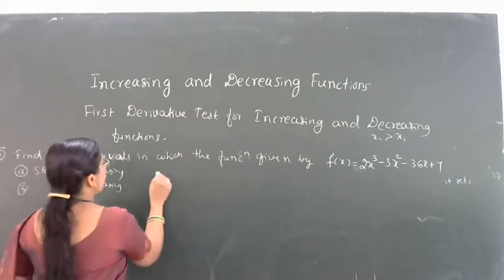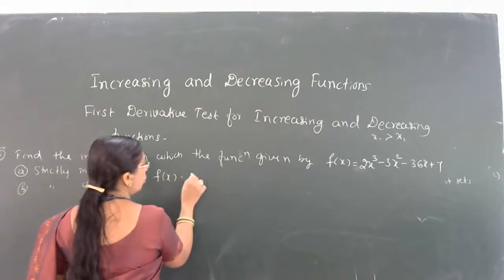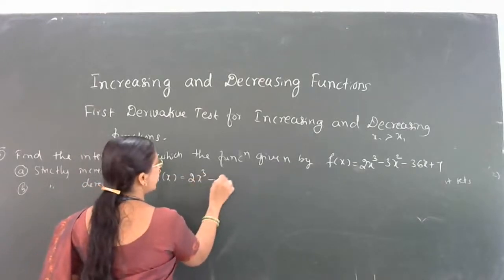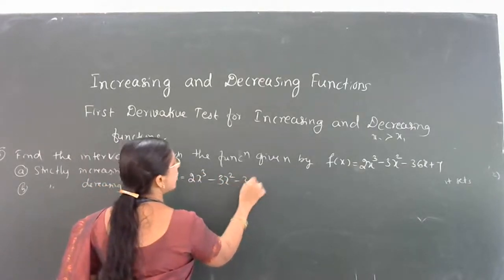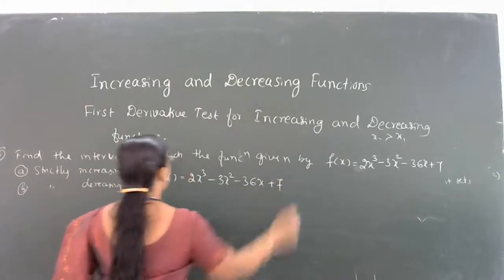The given function is f of x equal to 2x cube minus 3x square minus 36x plus 7.